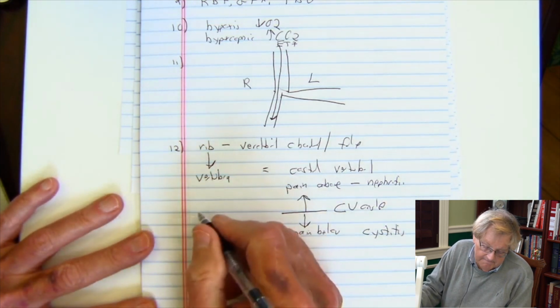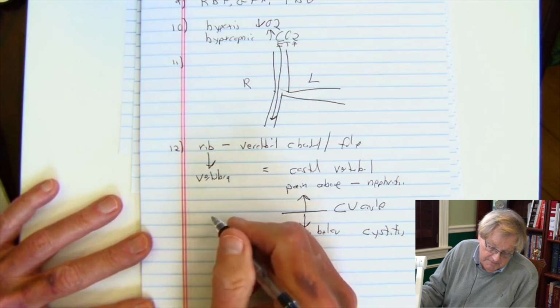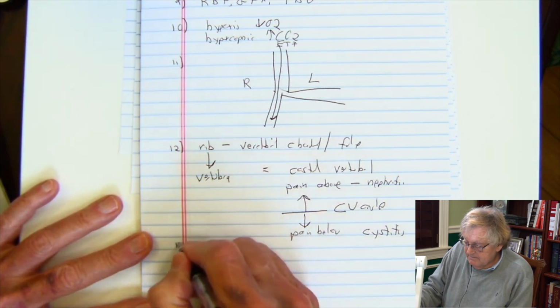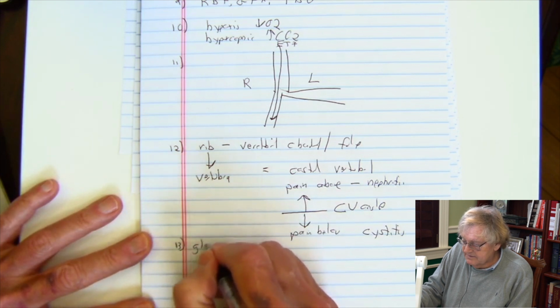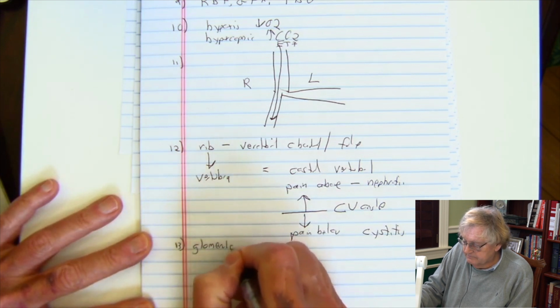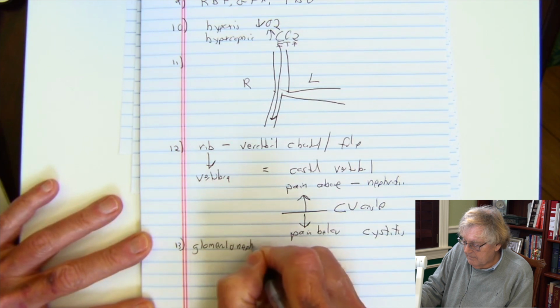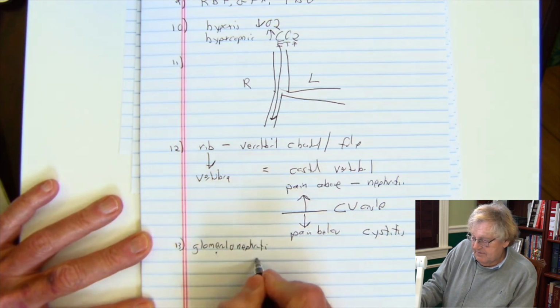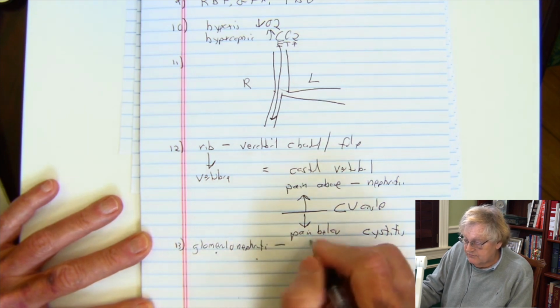Number 13, distinguish glomerulonephritis and urethritis. Just remember that glomerulonephritis is talking about the ball of capillaries in the nephron itself. Well, that is a true kidney infection.